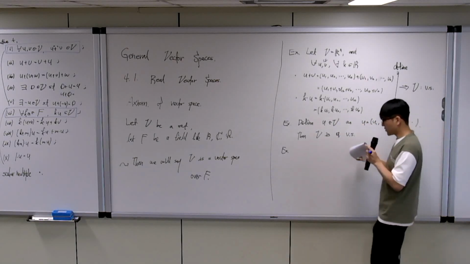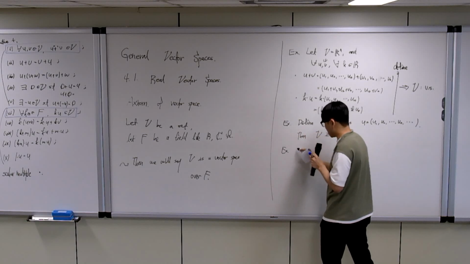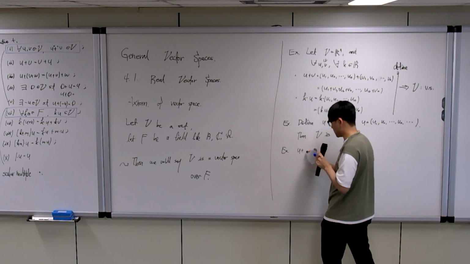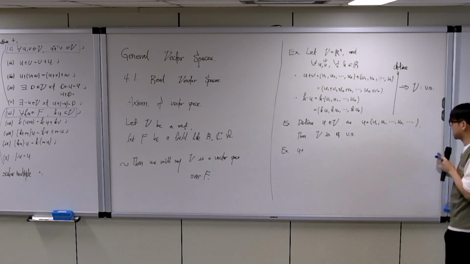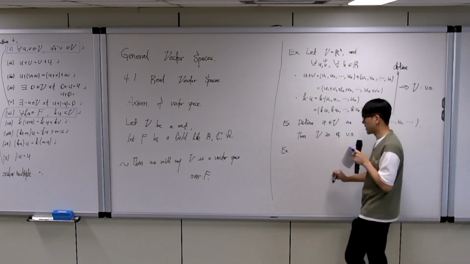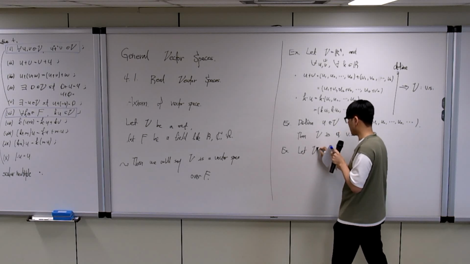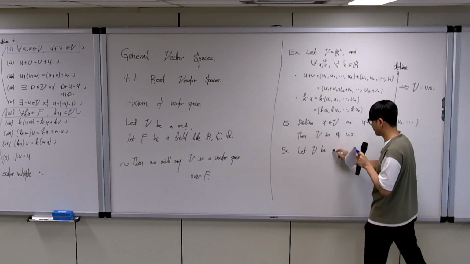So it is quite a weak condition, and so there are many vector spaces. Okay, if I define V as the collection of all 2x2 matrices, then it will also be a vector space.